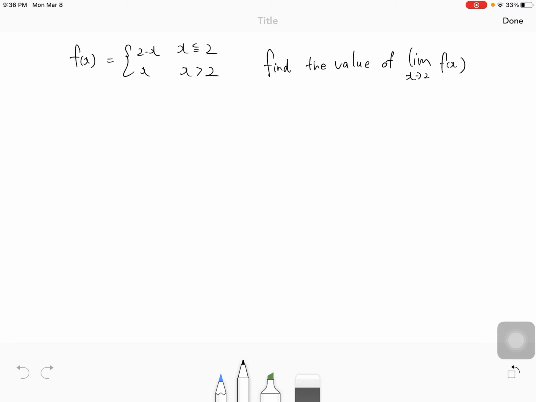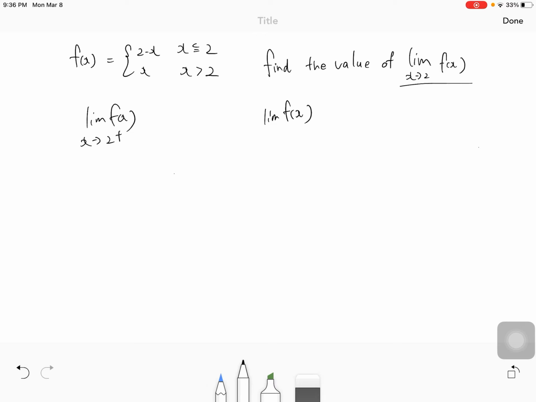When x is smaller than or equal to 2, f of x is equal to 2 minus x. On the other hand, when x is bigger than 2, f of x is equal to x. And you have to find the value of limit f of x as x approaches 2. So to find this value, you have to calculate two things.